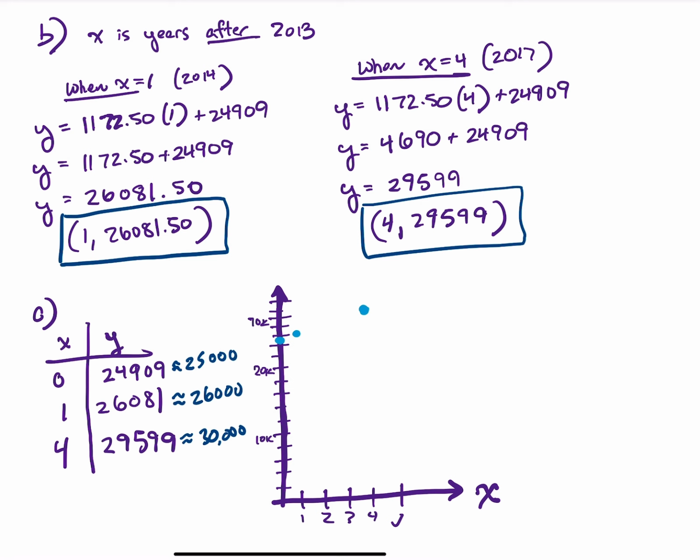So the cost starts pretty high, and then it continues to grow a bit each year. I guess they raise their prices, inflation happens, things just tend to get more expensive over time. It's the overall trend.